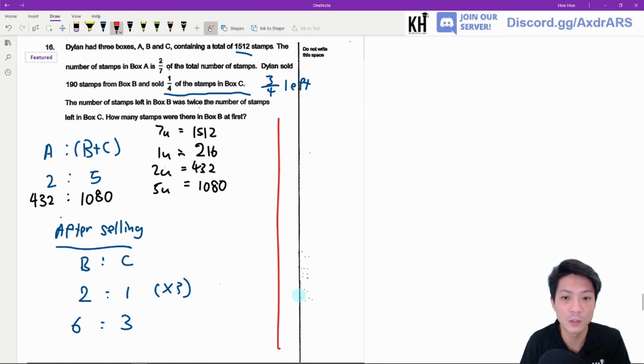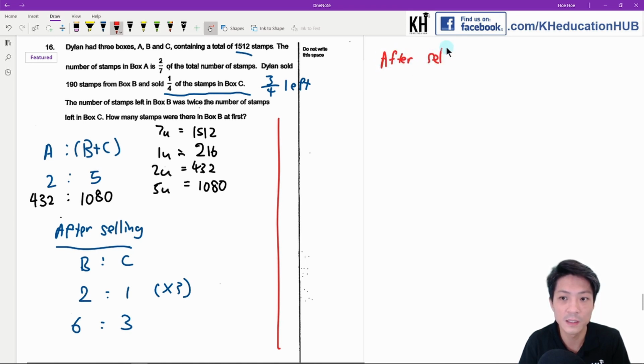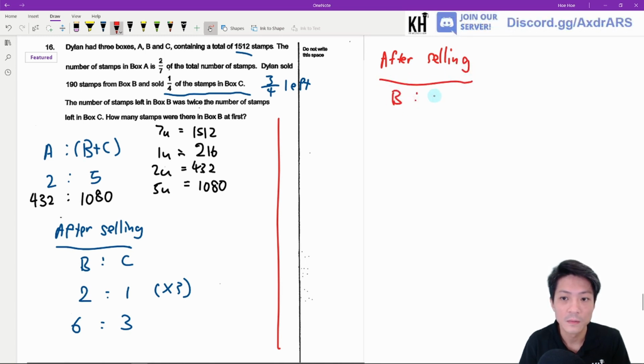I'm gonna continue to work on the other side. If I were to work backwards, after selling, B is to C is 6 is to 3.